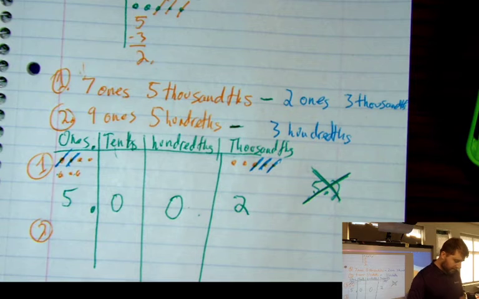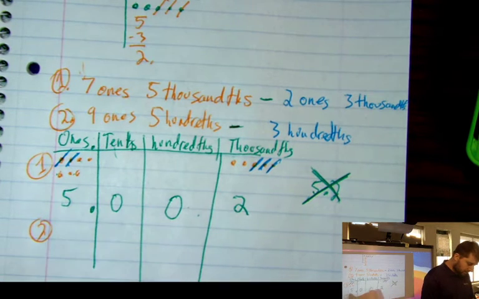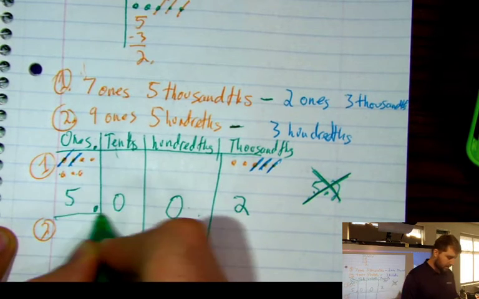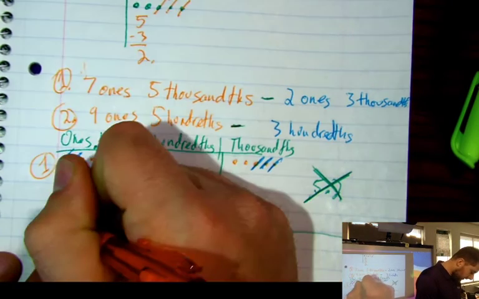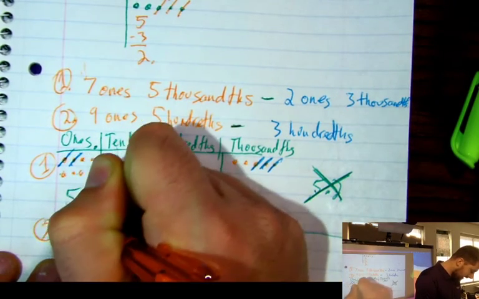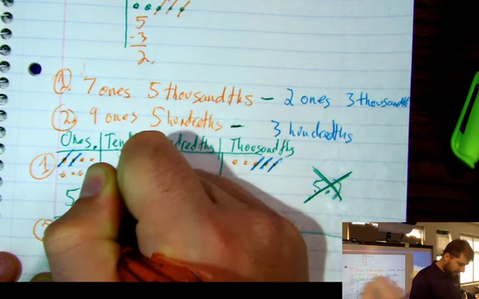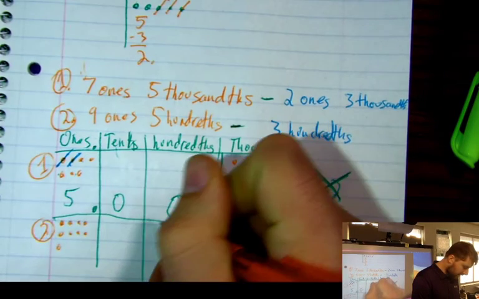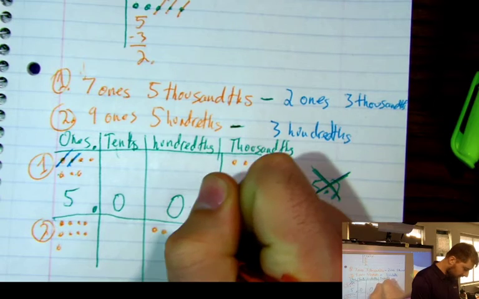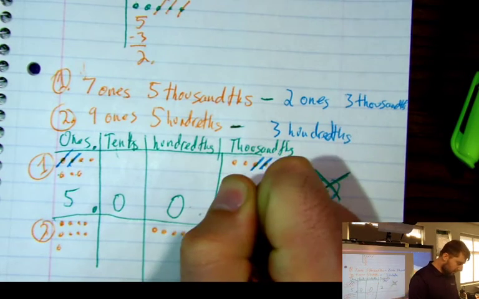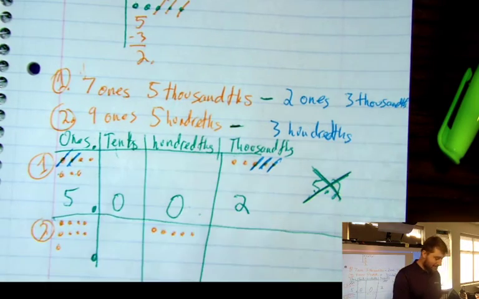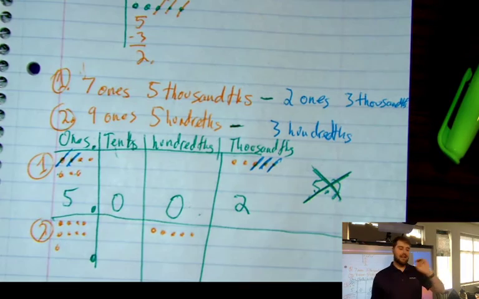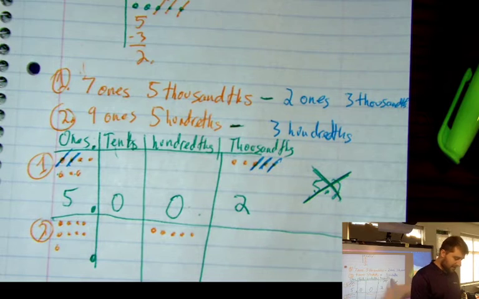All right, I'm going to draw it in a line here, and then we will do the same thing. I need 9 ones over here: 1, 2, 3, 4, 5, 6, 7, 8, 9, and then 5 in the hundredths column. Our decimal place is always in the same spot. And then we are going to cross out 3 in the hundredths spot because we're taking away these 3.